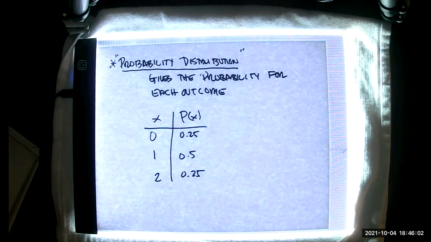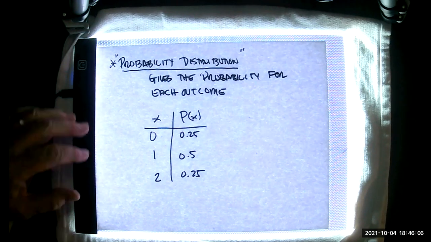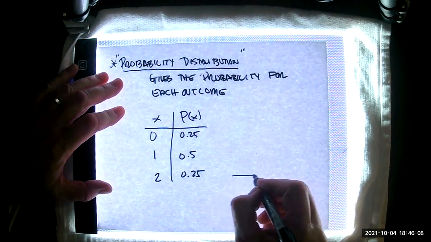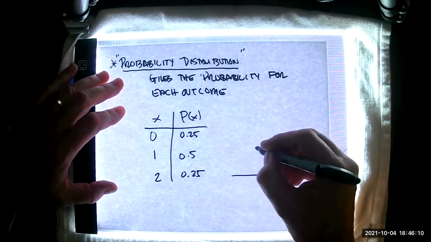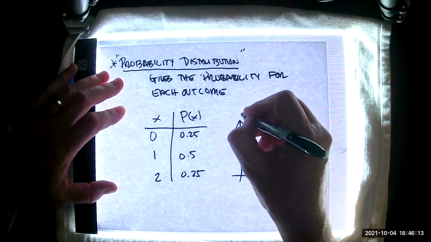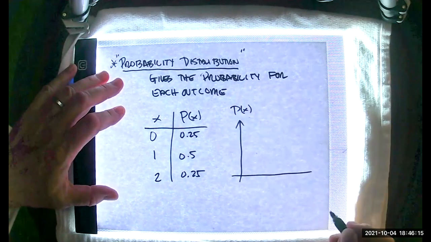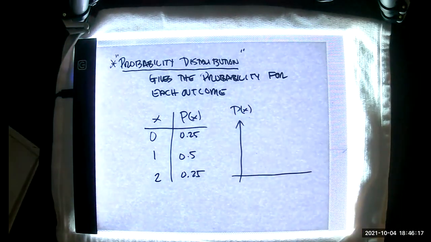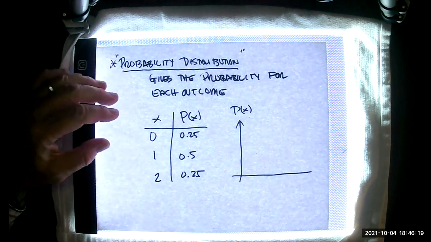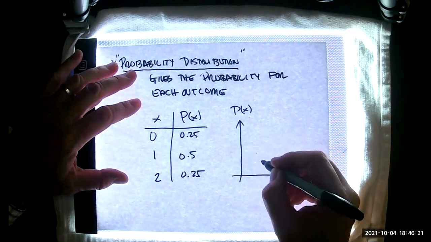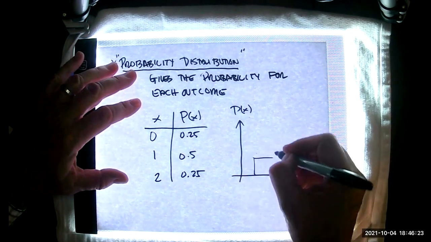Sometimes we use formulas, sometimes we use tables, sometimes we can use a graph. For example, we have something like a histogram where we've got the probability here. It's a little bit different than the ones we were looking at previously, although the things that we use there can be made to work.